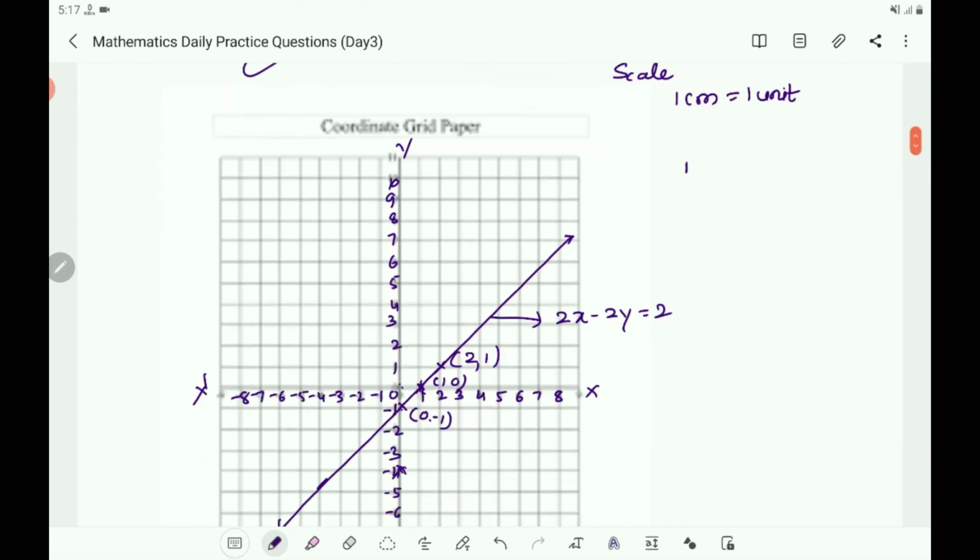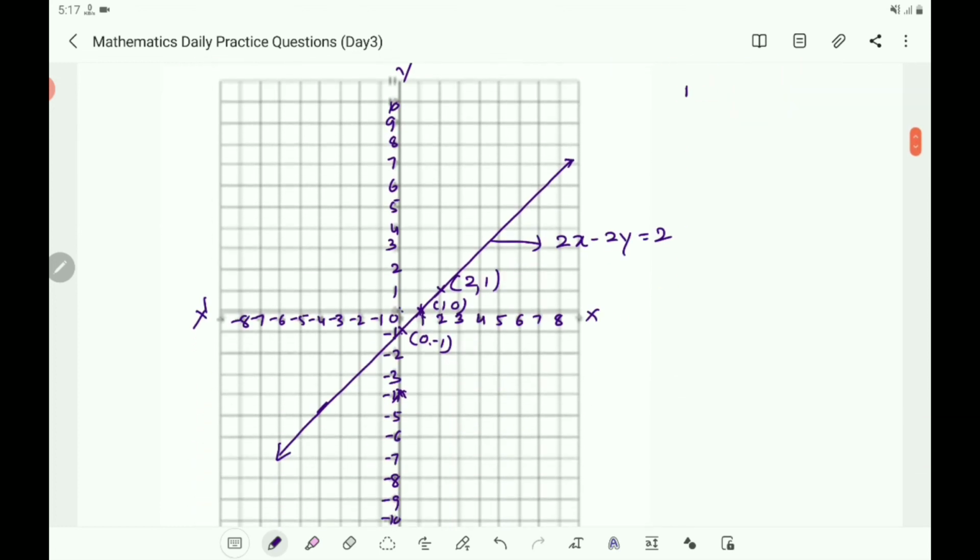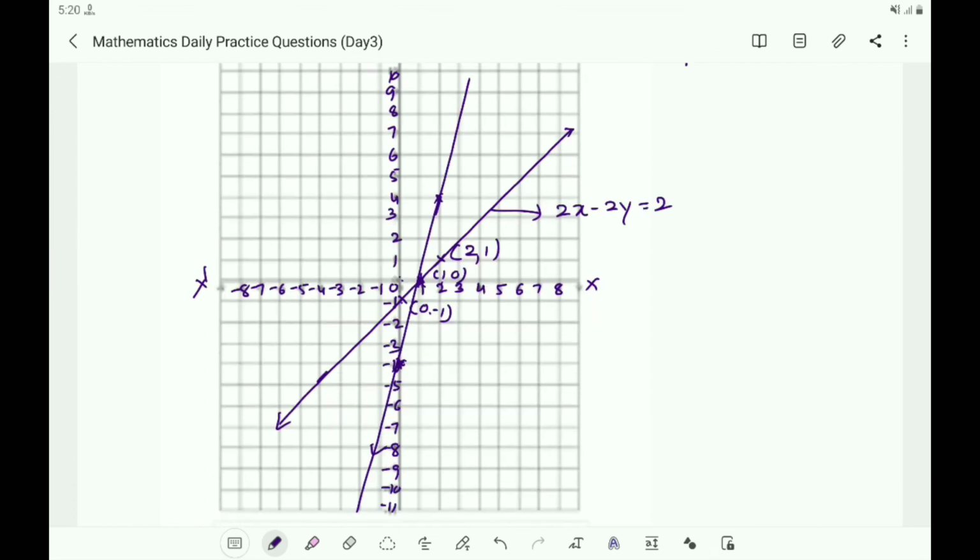And next (2, 4). 2 is here, 4 is here. Now let us join these 3 points. So this is the second straight line.